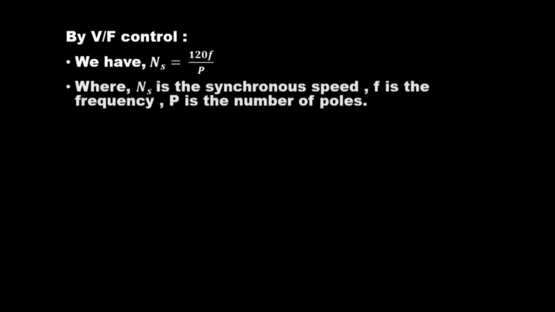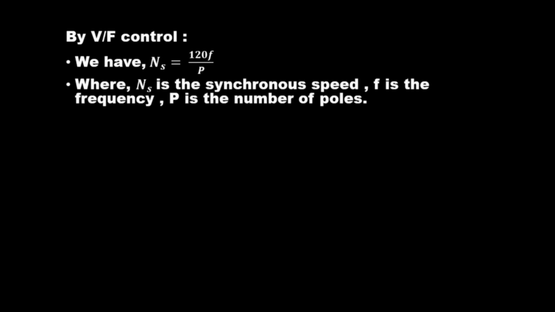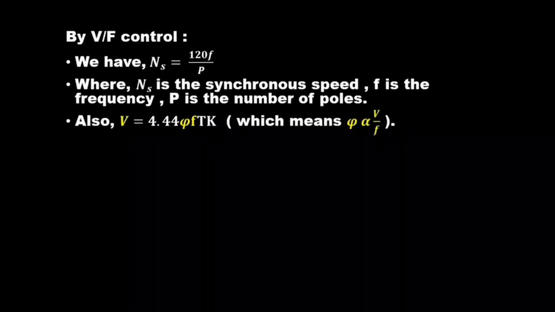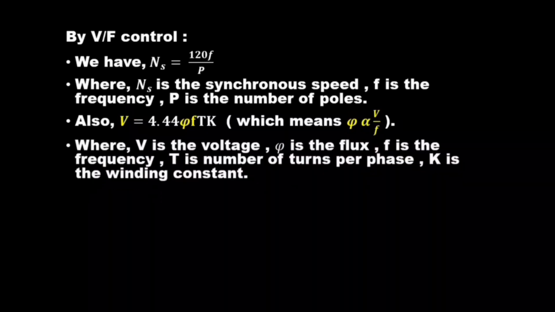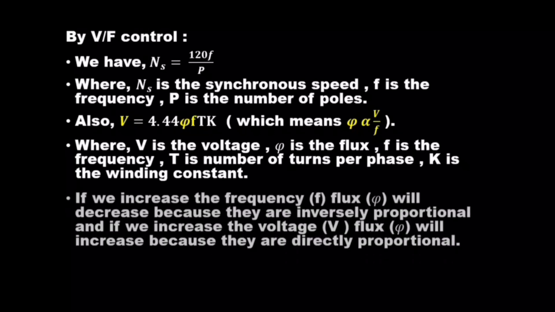By V/F control, we have Ns is equal to 120 F by P, where Ns is the synchronous speed, F is the frequency, P is the number of poles. Also, V is equal to 4.44 phi FTK, which means phi is directly proportional to V by F, where V is the voltage, phi is the flux, F is the frequency, T is number of turns per phase, K is the winding constant.